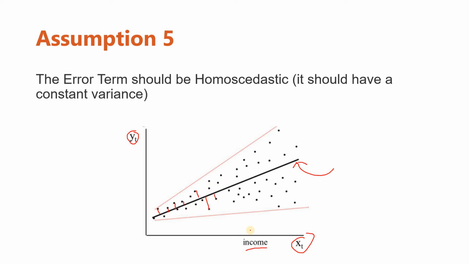As we go in the positive direction, the variance of error, or the spread of the error, is increasing, and this should not happen. Why? Because if this is the scenario, it indicates that some particular part of the data is impacting our model more than other parts of the same data. Like here, in x, as we go in the positive direction, error increases.